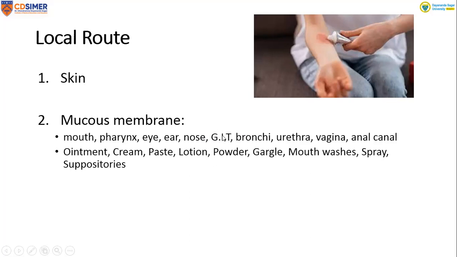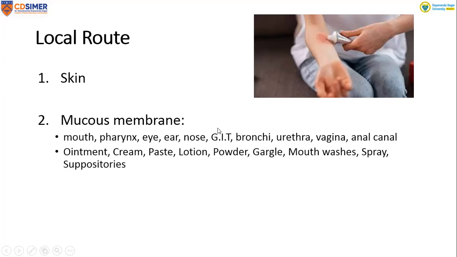In those cases, the problem is locally in the GIT, especially the colon, small intestine, and all. In those cases, we will give some drugs which are not absorbed, especially sulfasalazine. Okay, sulfasalazine we give locally, and it produces the anti-inflammatory activity at the GIT.